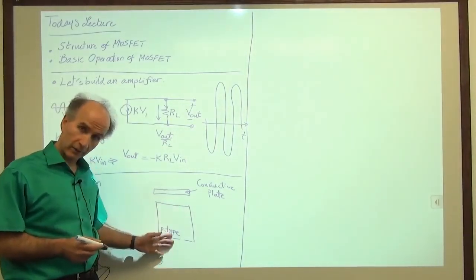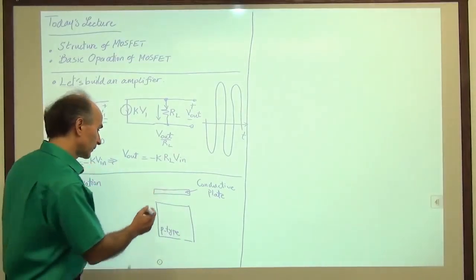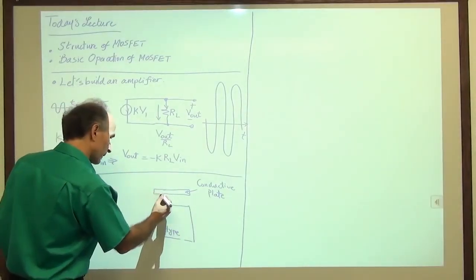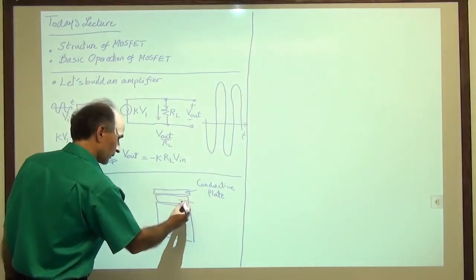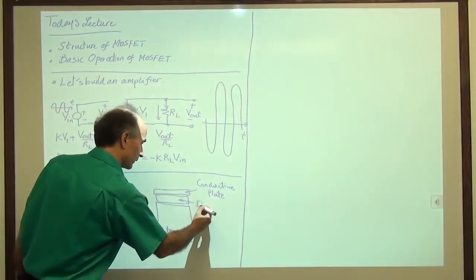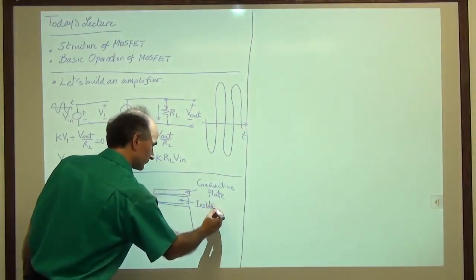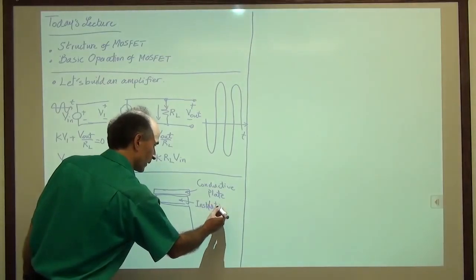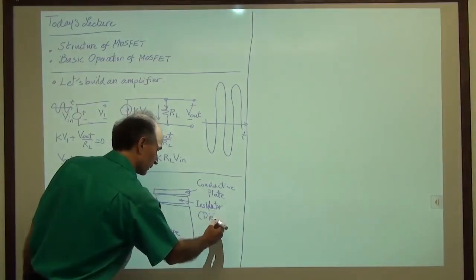So this is a conductor, and there's a conductor, so we have a capacitor between them. And then in between, I will fill up with some sort of insulator. So this is insulator, sometimes we call it the dielectric.